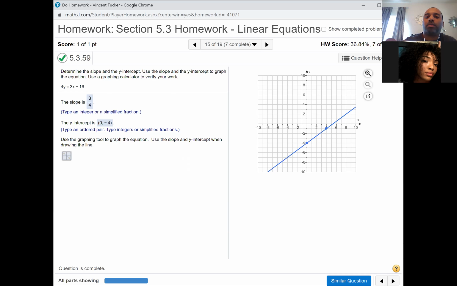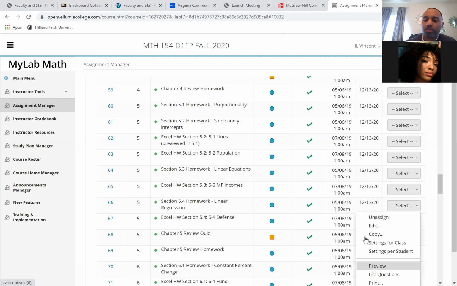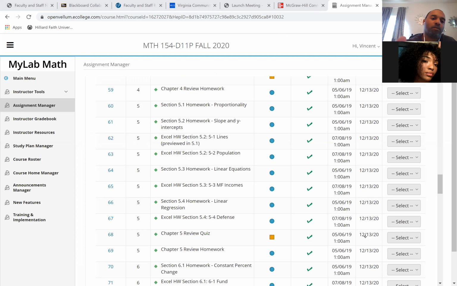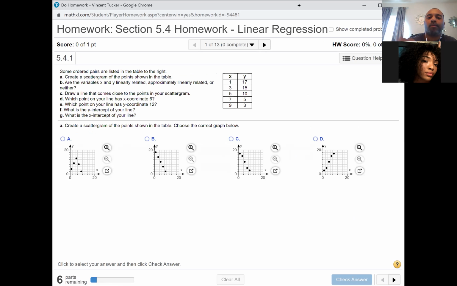All right, so let's do linear regression 5.4.